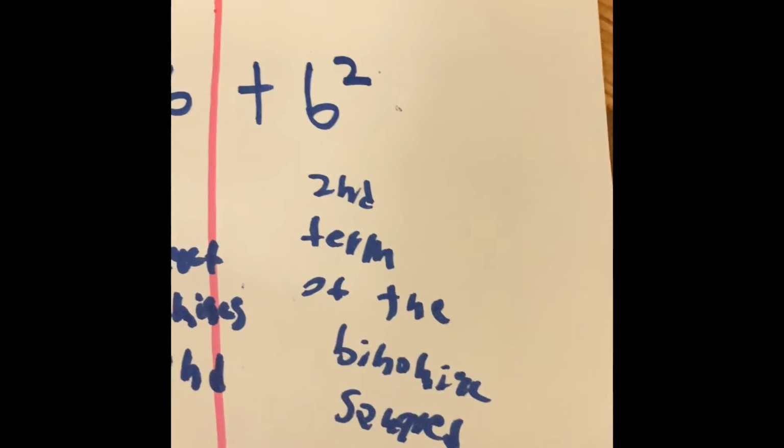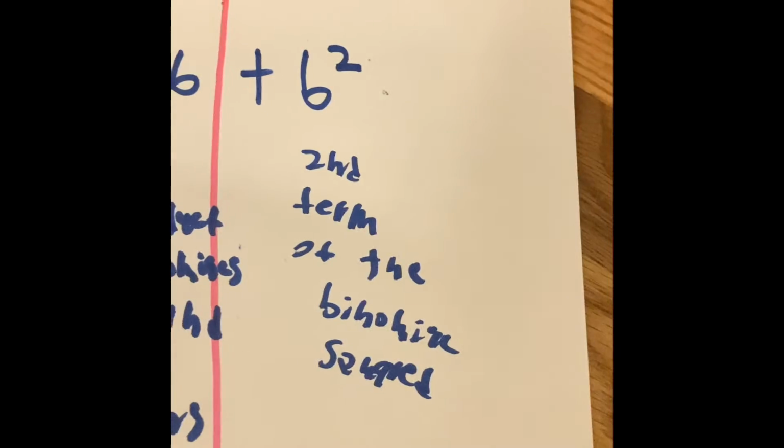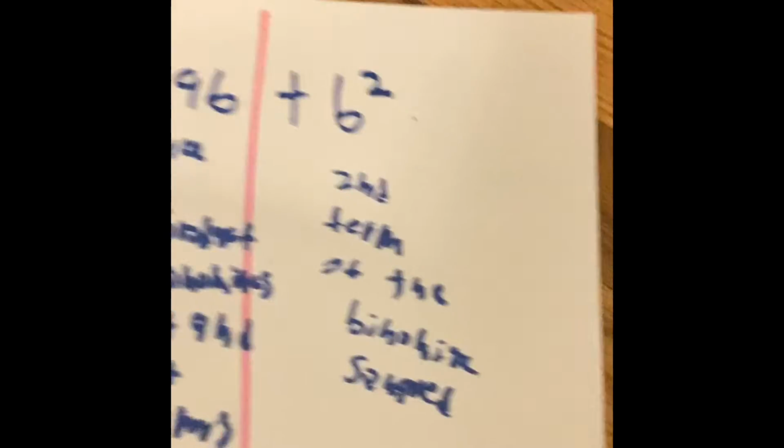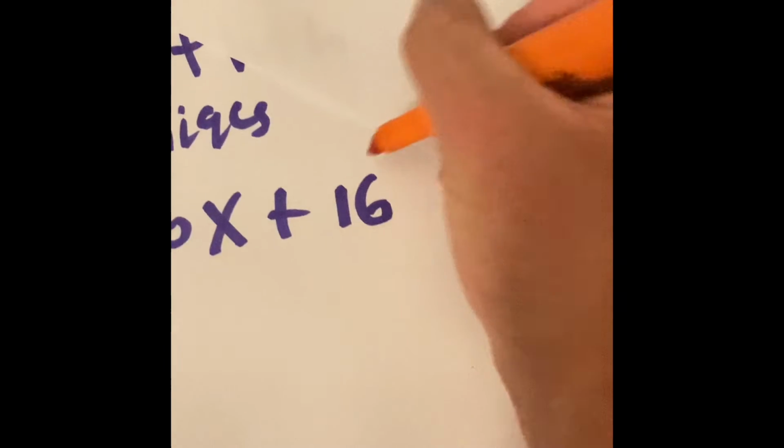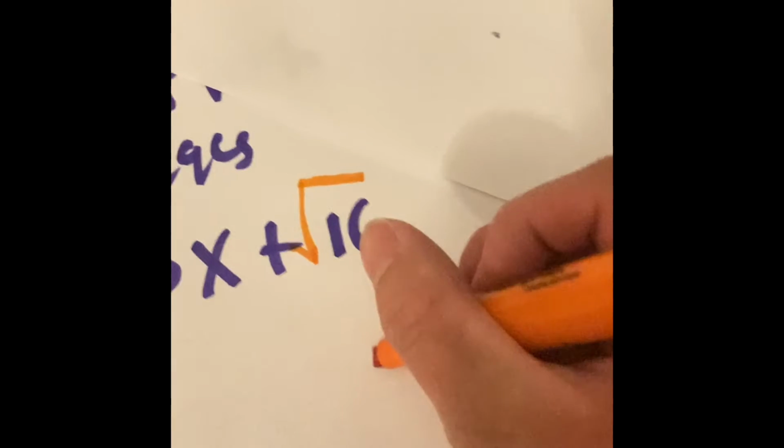B squared, the second term of the binomial squared. What we're going to do in that case is take the square root of the 16. When we do that, we get 4.